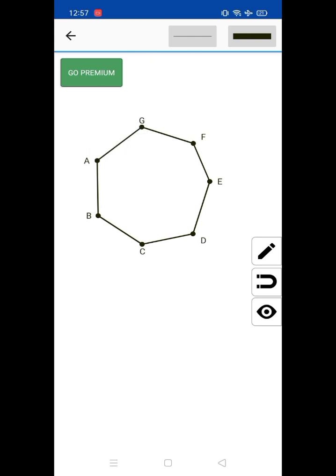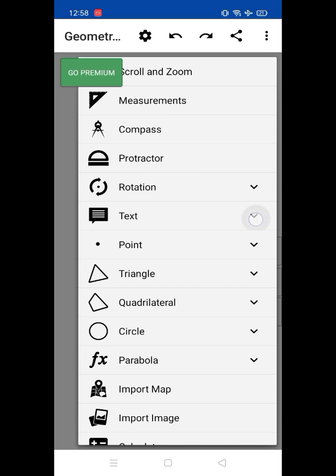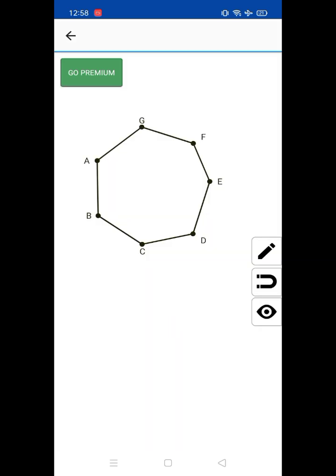That's A, B, C, D, E, F, G. That would be an octagon. Let us see. 1, 2, 3, 4, 5, 6, 7. Sorry. So this is a heptagon, not an octagon.